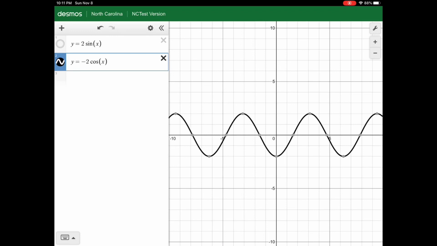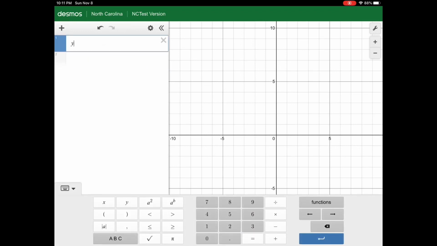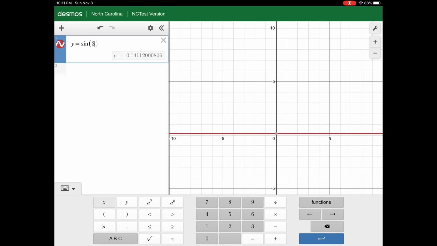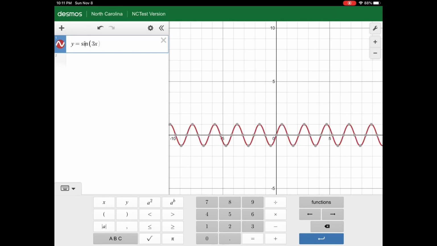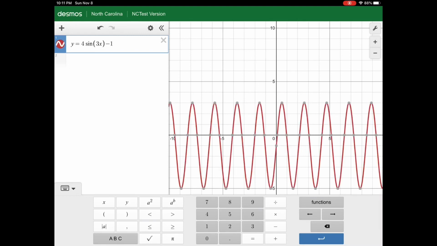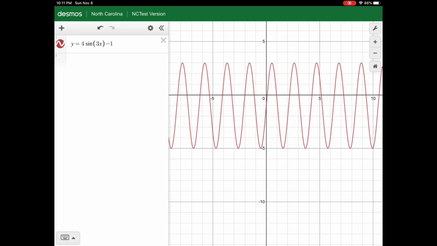So let me actually go graph this and we will look at it. So we had y equals sine of 3x. And I need a 4 in front. So y equals 4 sine of 3x. And we're going to do -1 at the bottom.